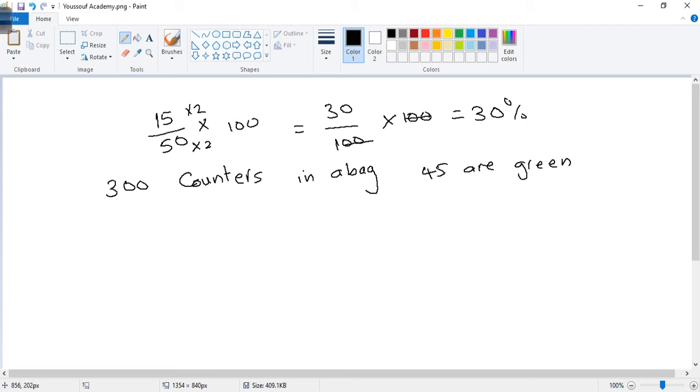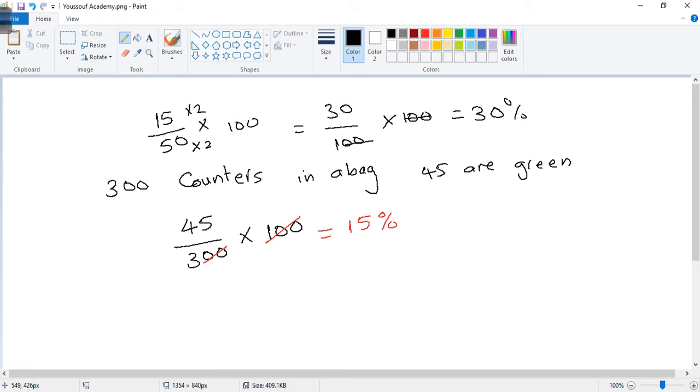We need to know what is the percentage of the green counters among the 300. 45 out of 300 times 100. This 0 will cancel 0, and 45 divided by 3 will be 15%. That is the way it works.